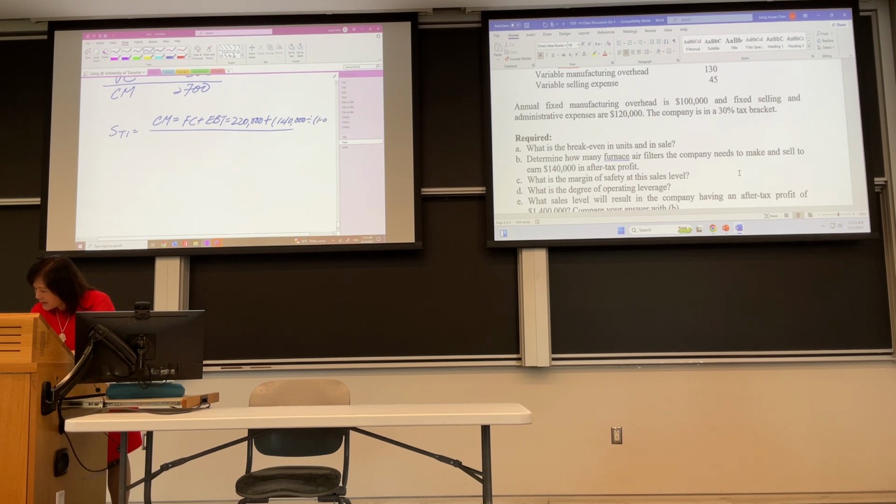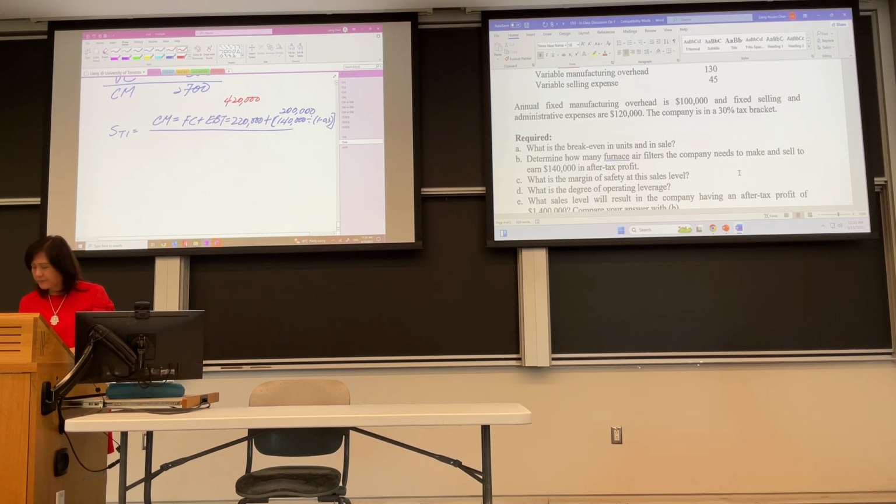1 minus the tax. So this is 200,000. The profit, the 2 together is 420,000. Contribution margin percentage or contribution margin per unit, $200, 20%.